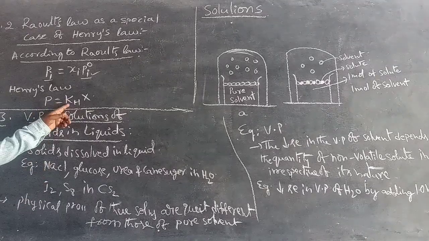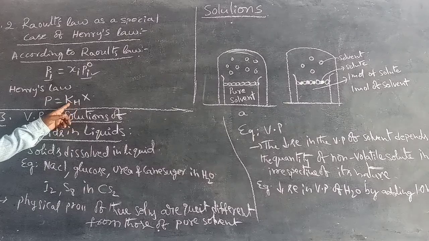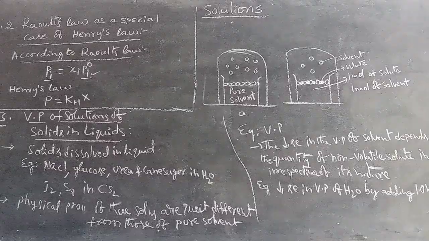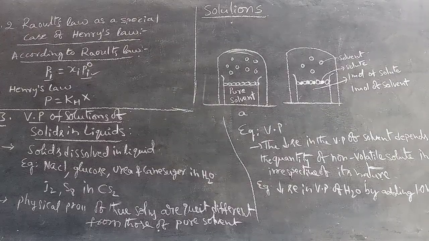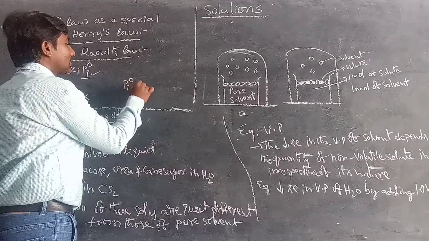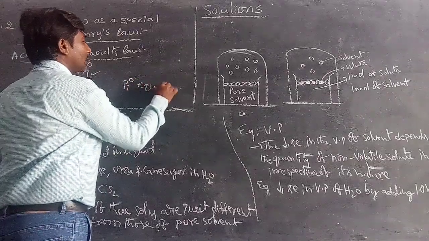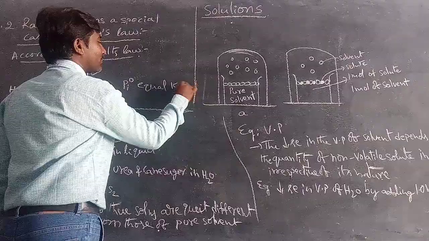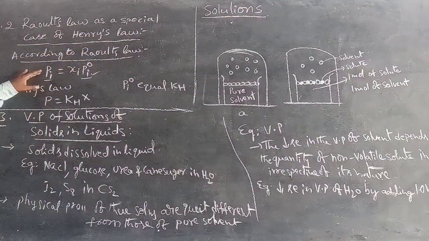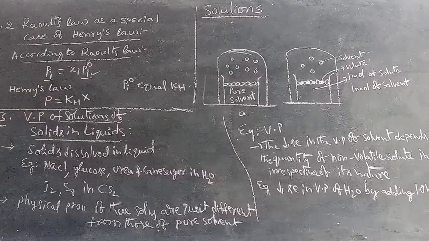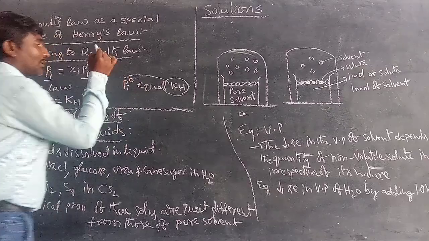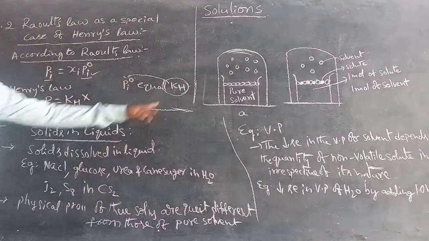Here KH is the Henry's law constant, a proportionality constant. Here Pi naught equals KH. All are equal, the only difference is that KH differs from Pi naught.